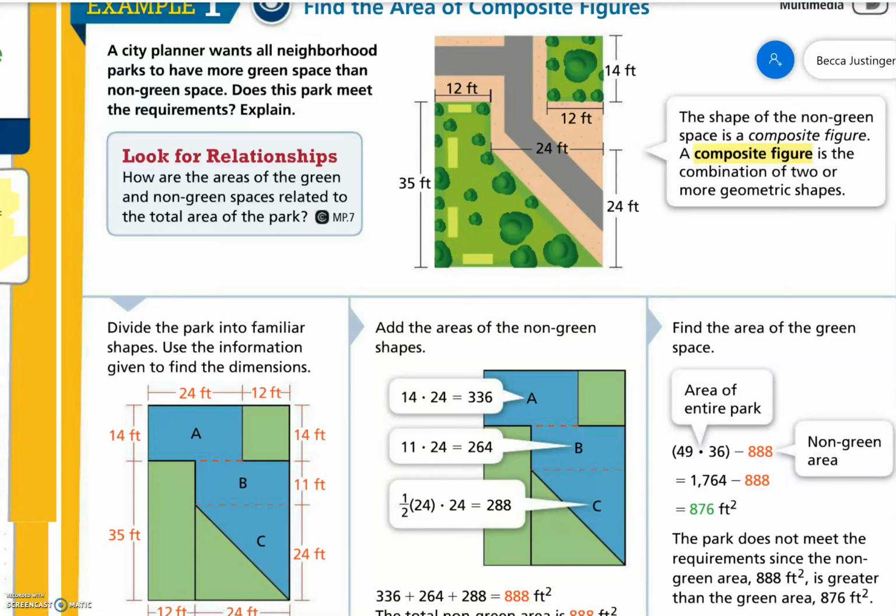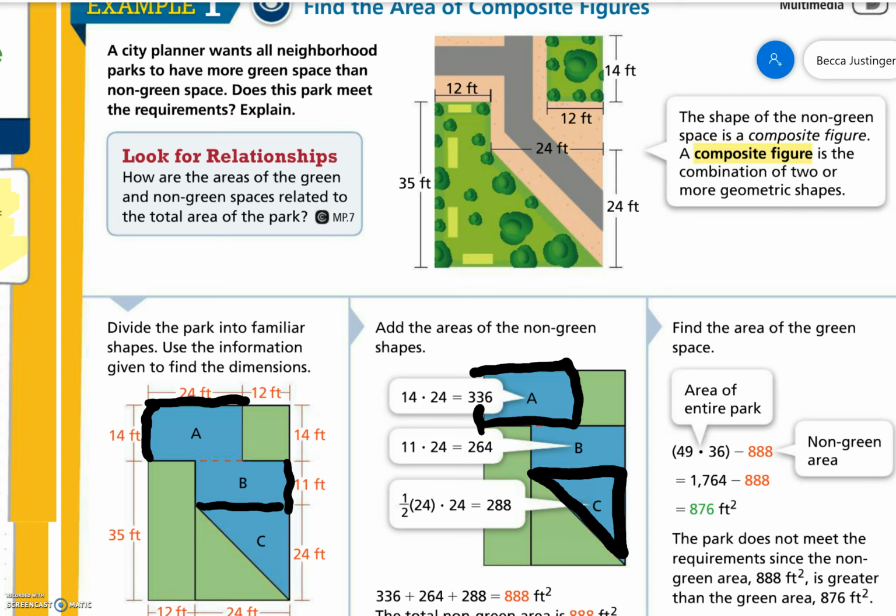So they found the area of each of these. They did the A part with 14 times 24, B part with 11 times 24, and C is a triangle. Remember, the area of a triangle is 1/2 base times height. So 1/2, 24 times 24.